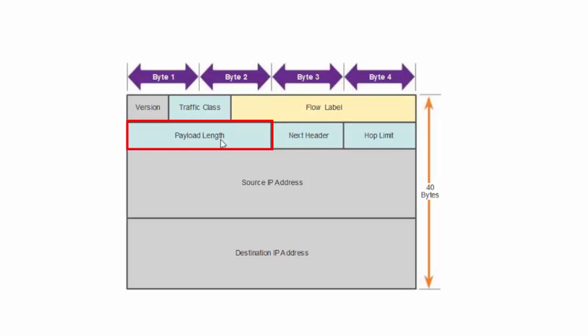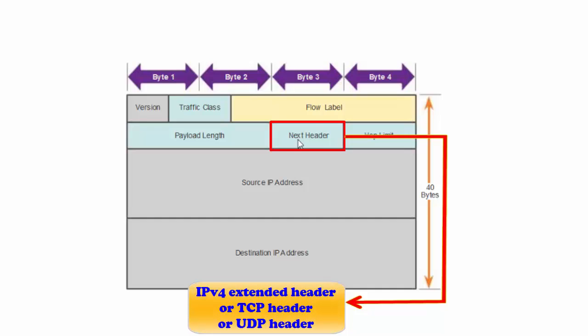There is the payload length, which again corresponds to the length field in IP address version 4, and it refers to the length of the entire packet, including the header and the payload. The next header field is kind of interesting because not only does it indicate the protocol in the higher layer, like the case for IP address version 4, but it can also point to any option, any other protocol that is used.